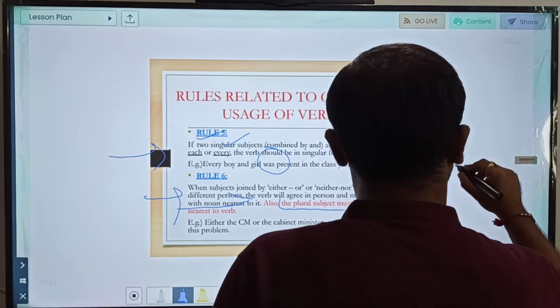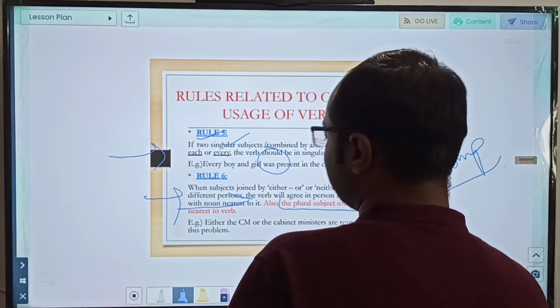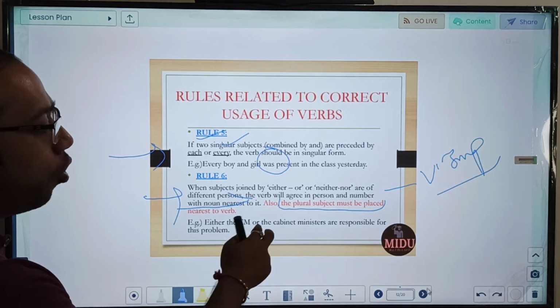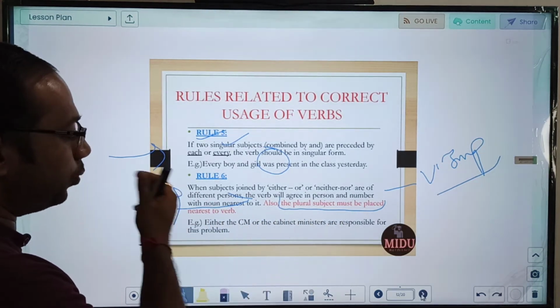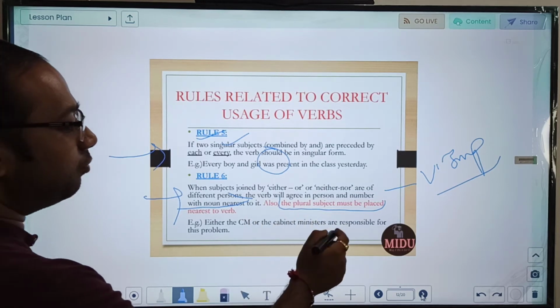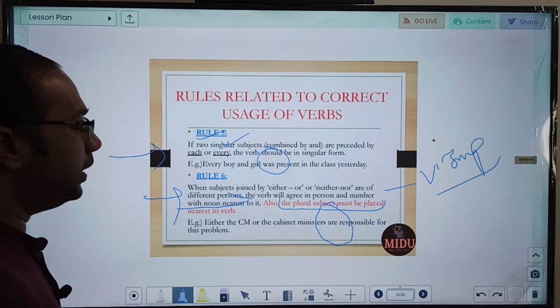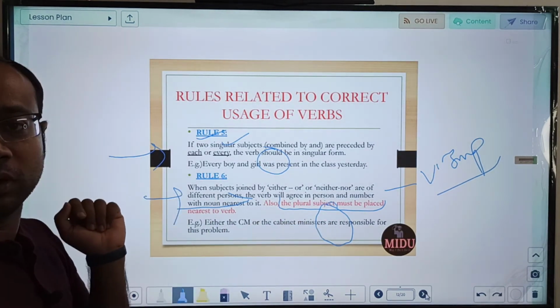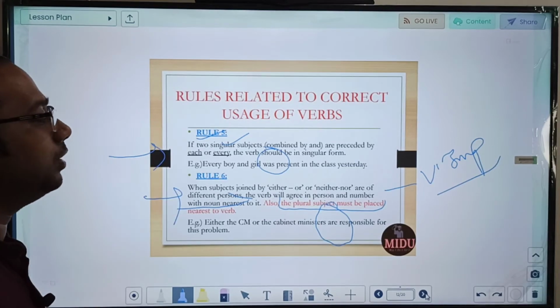You can expect some question related to correction or something related to this particular rule. Let us see. "Either the CM or the cabinet ministers are responsible for the problem." So cabinet ministers is placed near, and it will take the plural form. Either-or is there, but this "are" is because cabinet ministers is plural. So this rule number 6, just keep in mind.